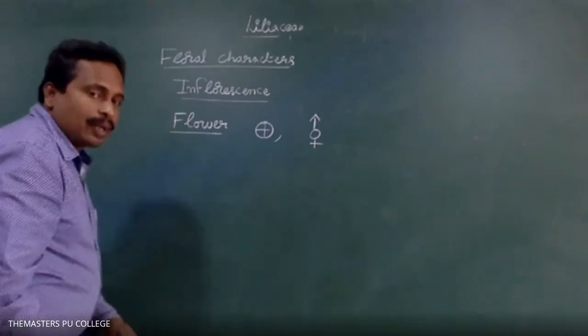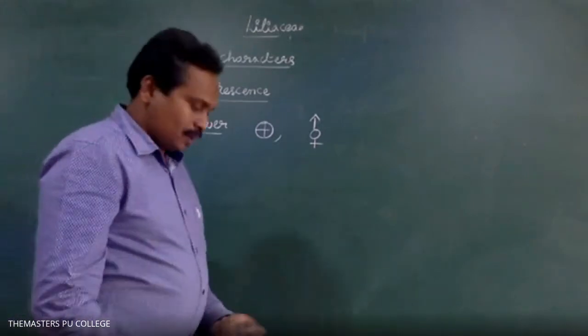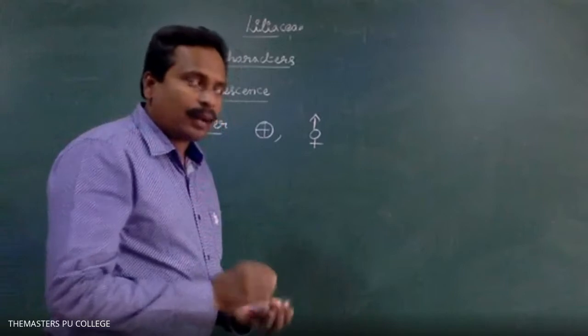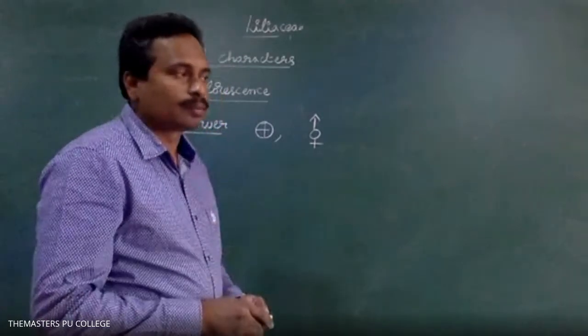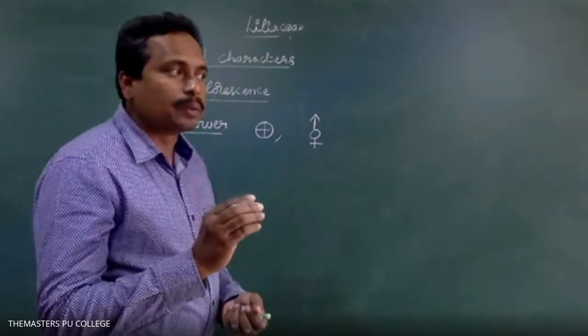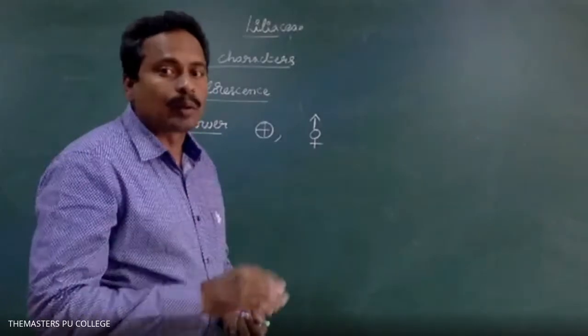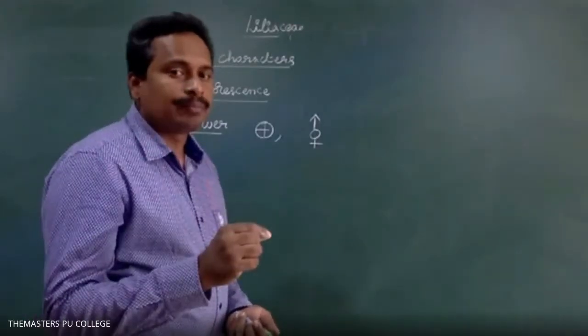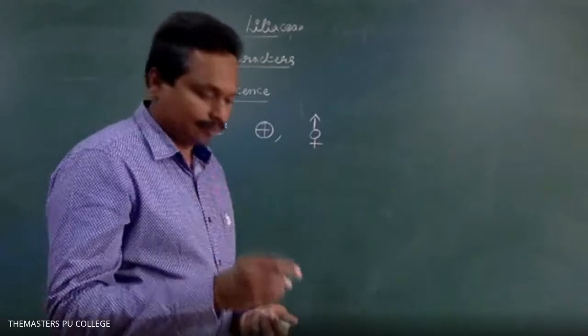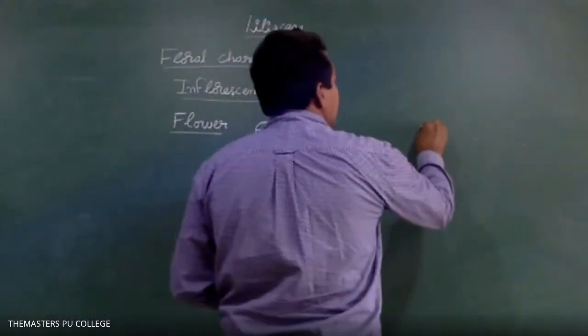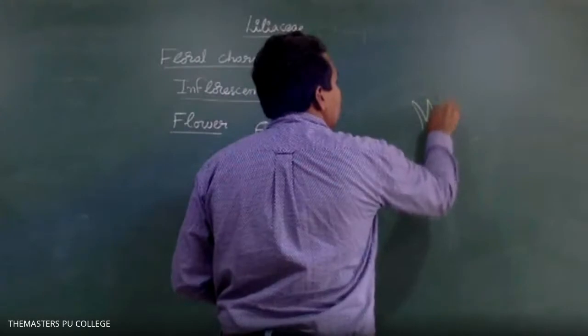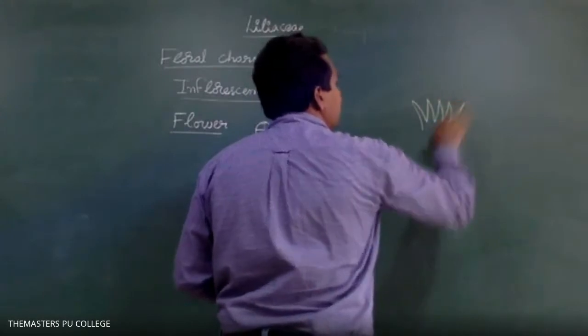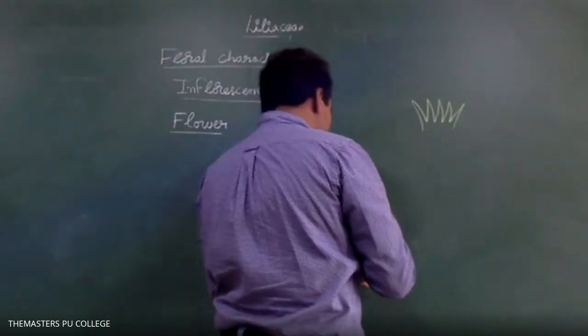In the Liliaceae family, the non-essential organs do not differentiate into calyx and corolla. In Brassicaceae, Fabaceae and Solanaceae, the non-essential organs are differentiated into calyx and corolla.